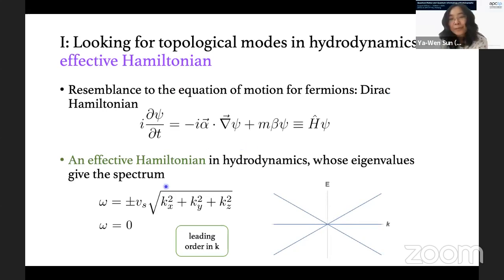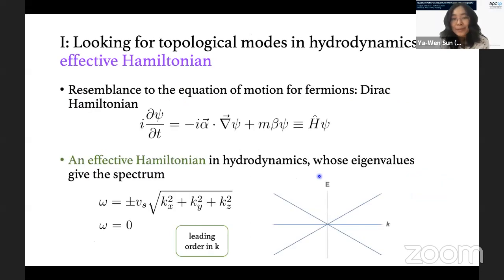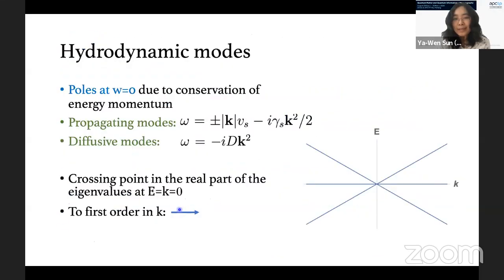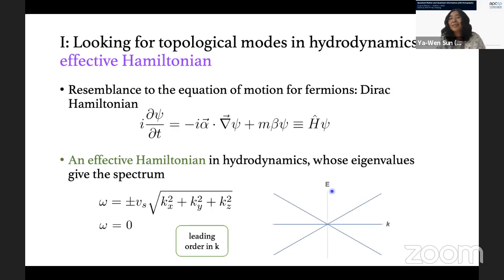And so now from the spectrum of this effective Hamiltonian, we could get this leading order in K spectrum, which is the same as we had here. And now the spectrum looks like this. So now we have defined this effective Hamiltonian for a relativistic hydrodynamic system.